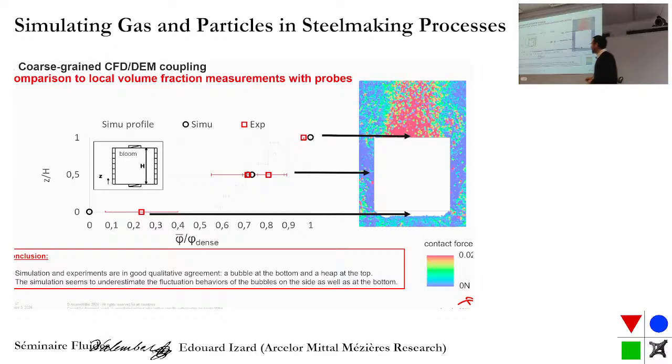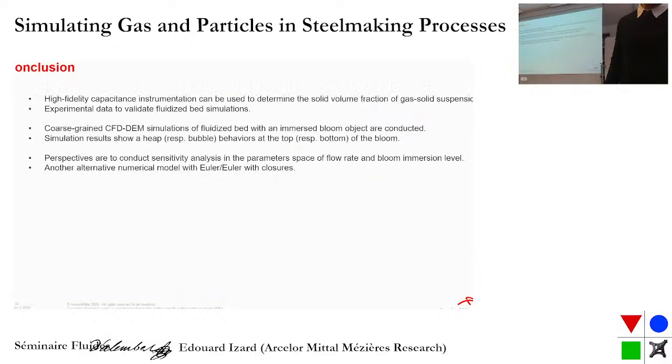And if I'm looking at the bottom, we got a 0 value for the simulation, and in the experiments we have a non-zero value, but still something close to 0. So we have a sort of bubble behavior at the bottom and a heap behavior at the top and a transition on the sides. So qualitatively we have a good behavior, let's say, by this comparison.